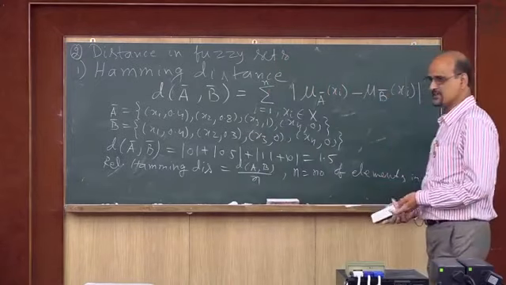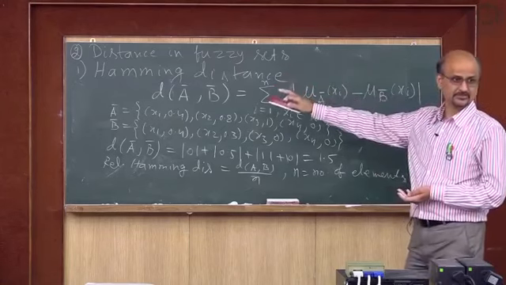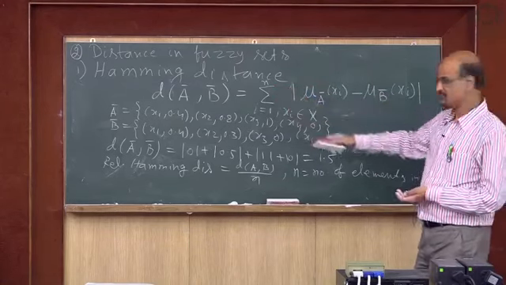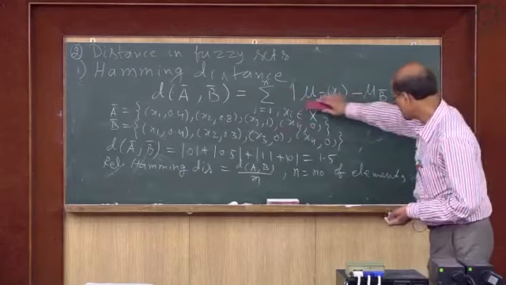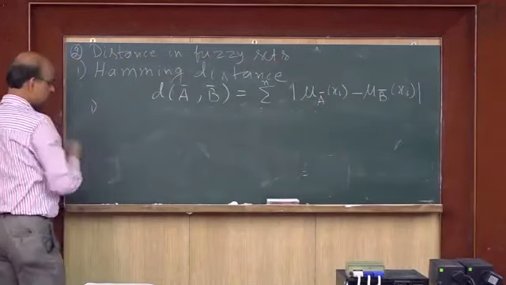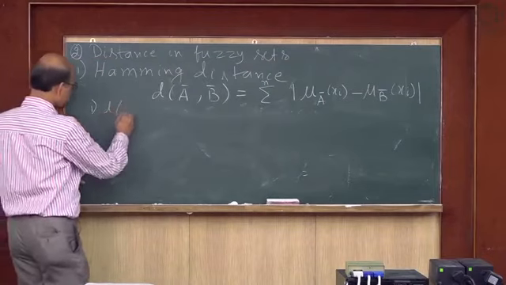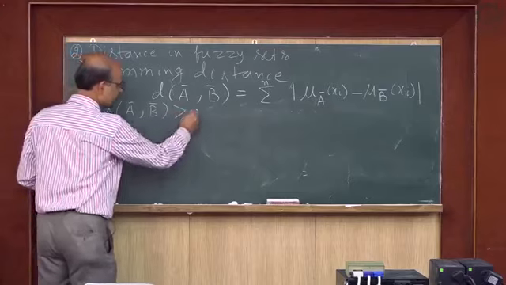Now, for a distance or measure there are certain properties to satisfy, so you see whether those are satisfied. First one, as you know from crisp sets also, is that D is greater than or equal to 0.